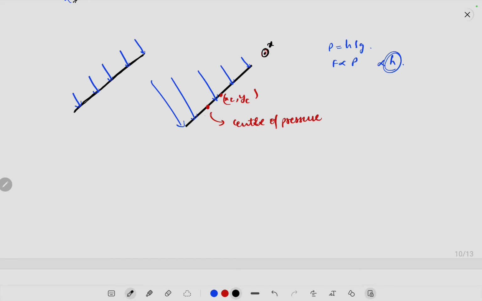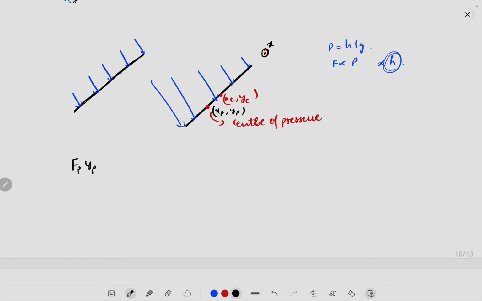Now if the coordinates of this center of pressure are xp, yp, then the torque applied because of this Fp on the body would be given by Fp times yp, because this yp is the perpendicular distance about this x-axis, right? And we are interested in finding this yp.